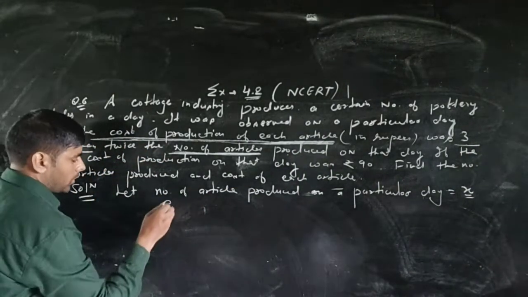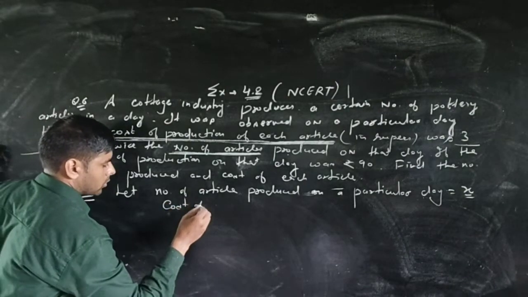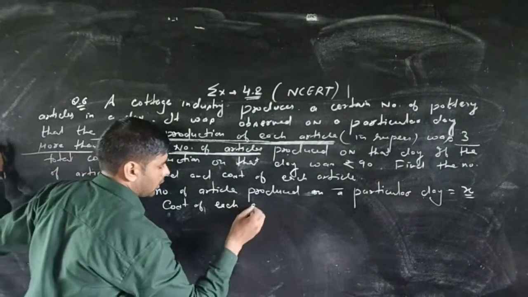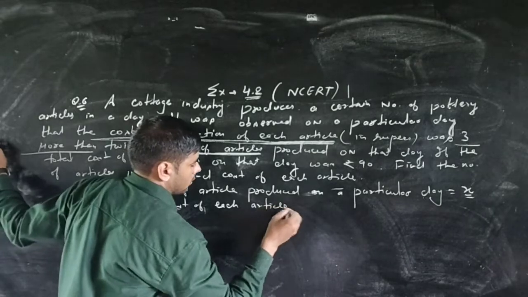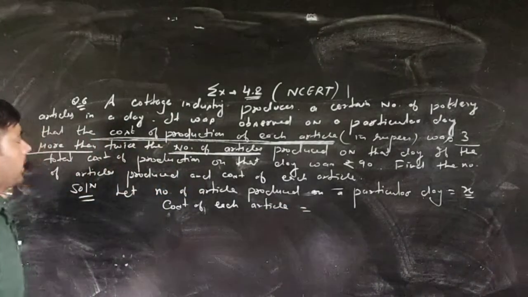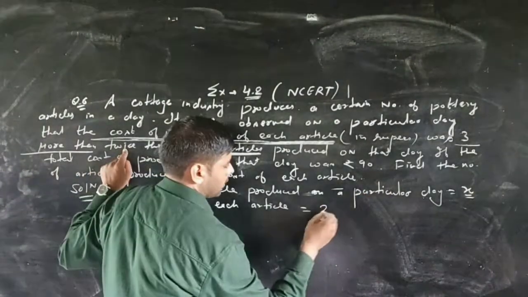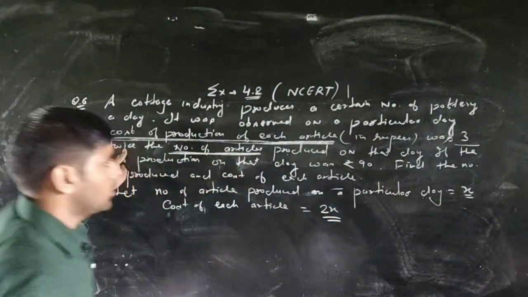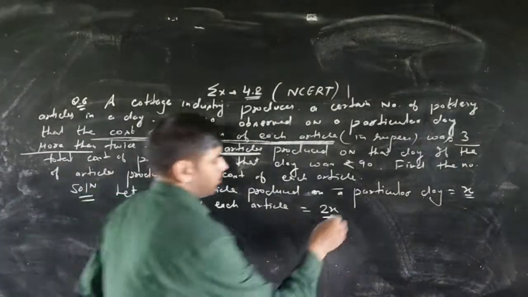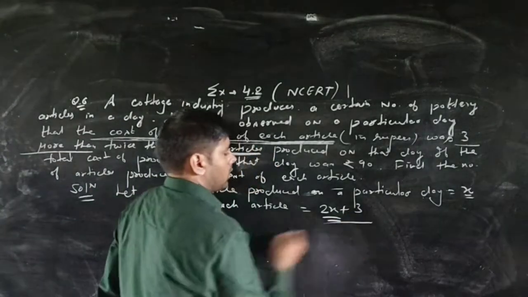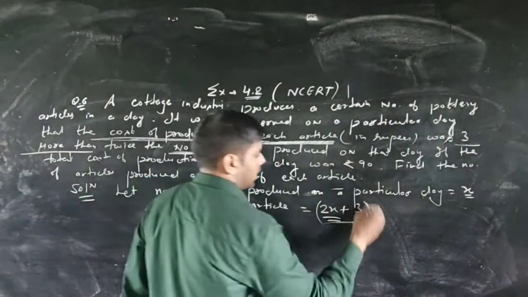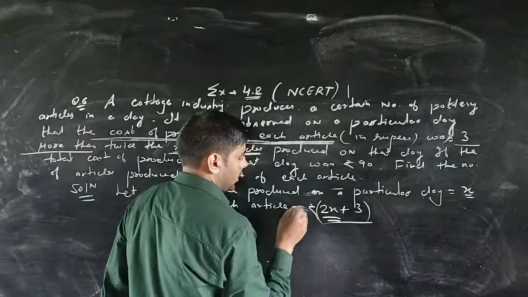Then the cost of each article is equal to twice x plus 3, that is 2x + 3. This is the cost of each article in rupees.